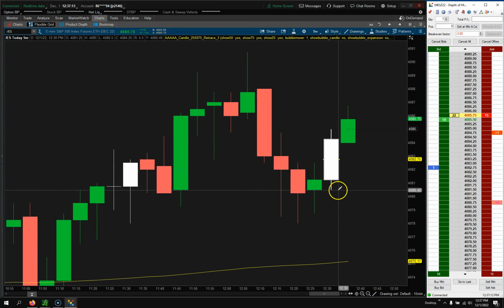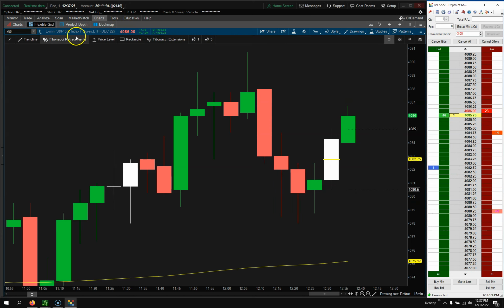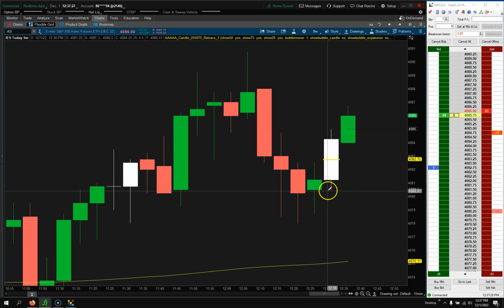And my stop is going to go one tick below this low, 80.50. Well, we could see my 2-point stop is 75. So I'm going to move this to one tick below this low, right? So it's going to look something very similar to this. This is where my stop loss is. This is my entry.